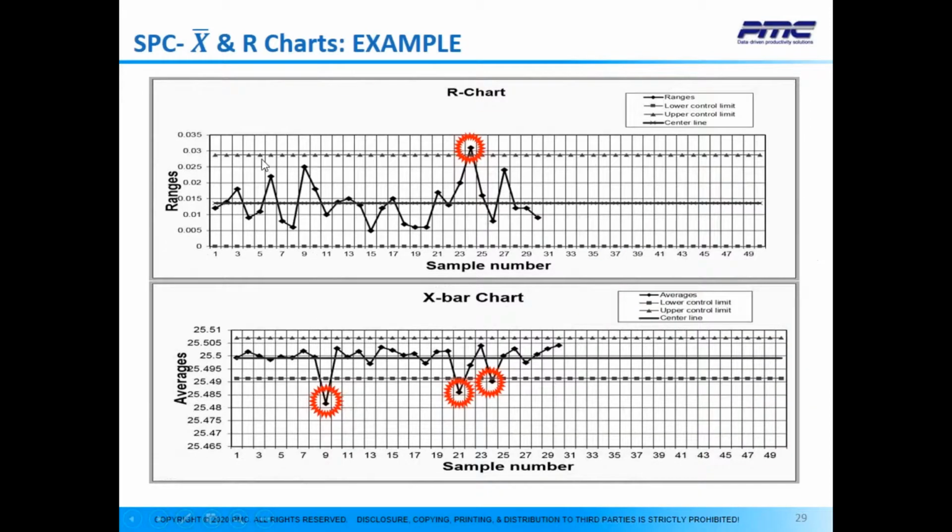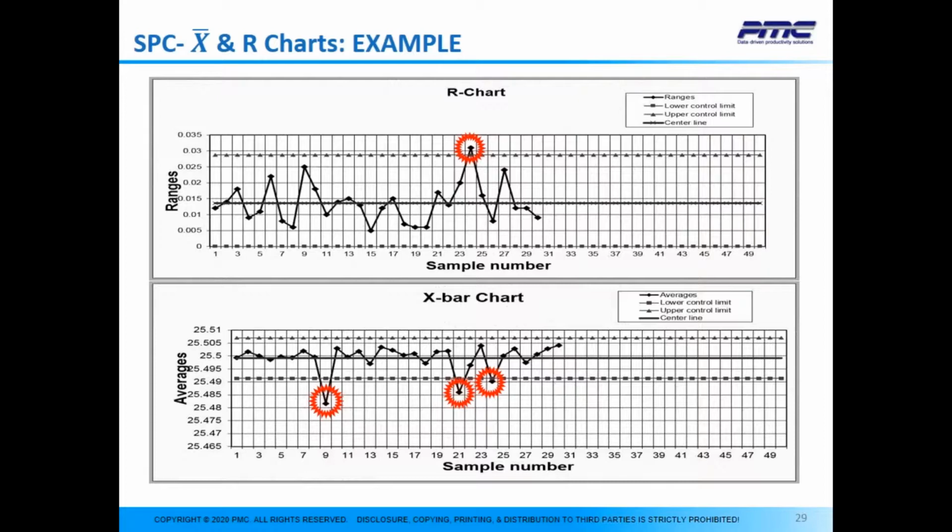So here's what we do though. When we identify those special causes, we look at the data points, we do an investigation, and we find out why. Since it's a special cause, we tend to fix it right away. Once fixed, for the sake of process stability, we can remove these data points.